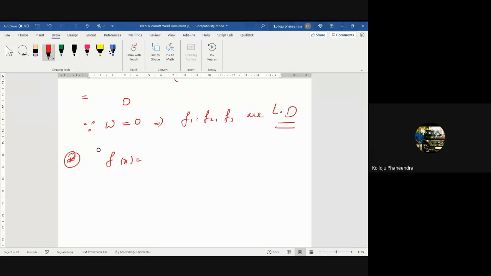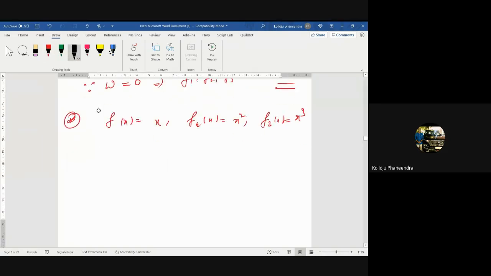f1(x) equal to x, f2(x) equal to x square, f3(x) equal to x cube. To check whether these functions are linearly independent or dependent, the Wronskian of the three functions f1, f2, f3 equals x, x square, x cube, their first derivatives, next the second derivatives.